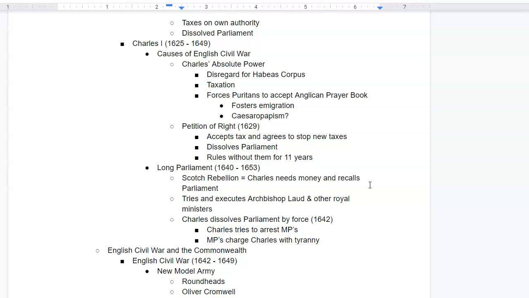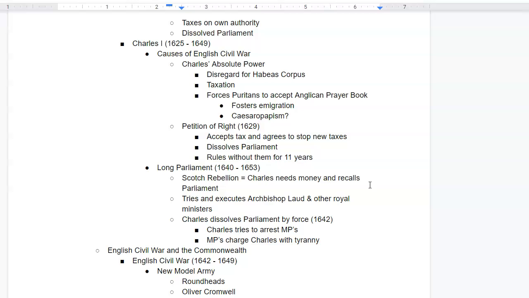They start having hearings and inquiries, including trying and executing his own ministers. One of the chief archbishops of the country and one of Charles's main advisors, Archbishop Laud, is executed on the authority of Parliament, and the king doesn't step in because that's how much he needs money. And he is afraid if he tells them to dissolve, they won't.